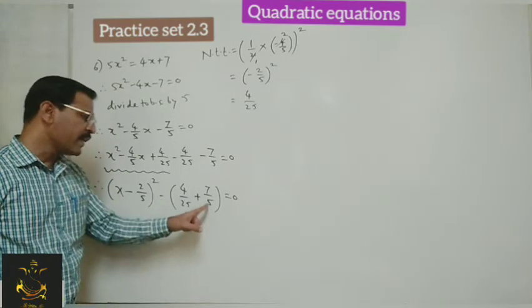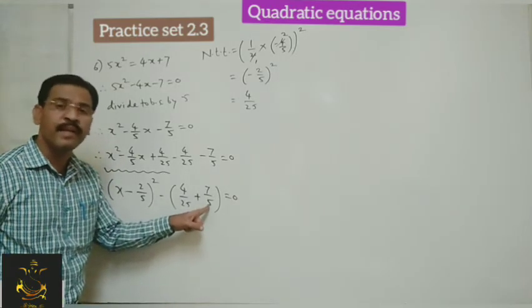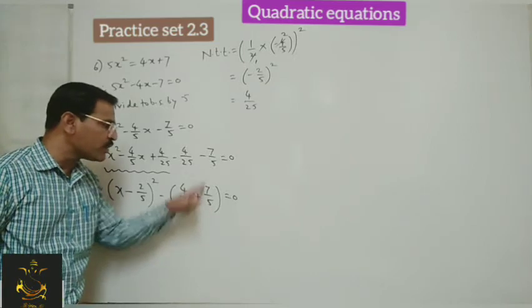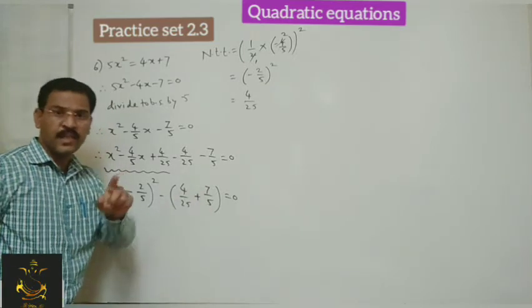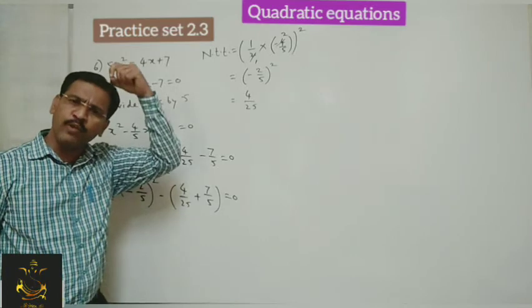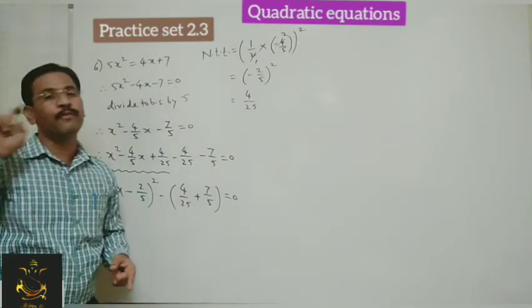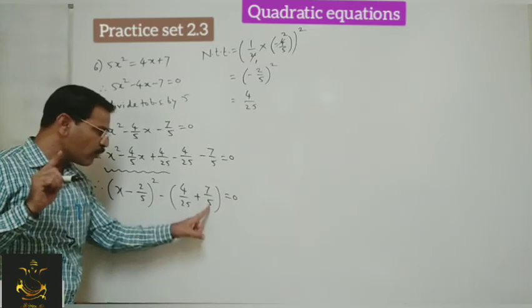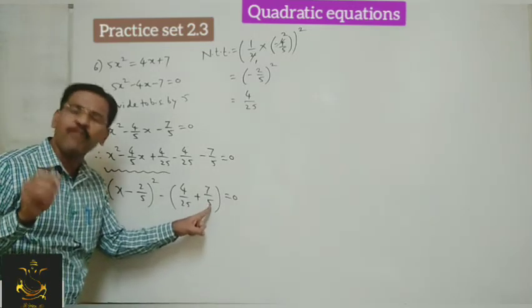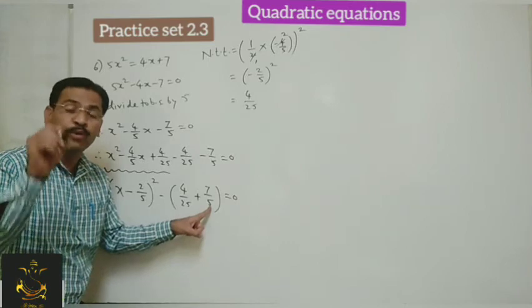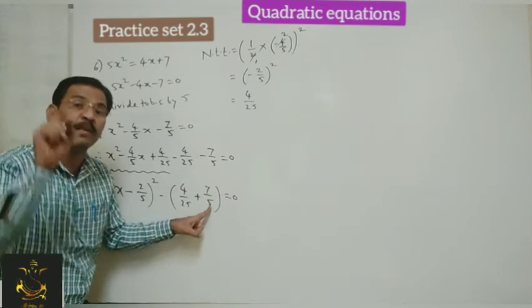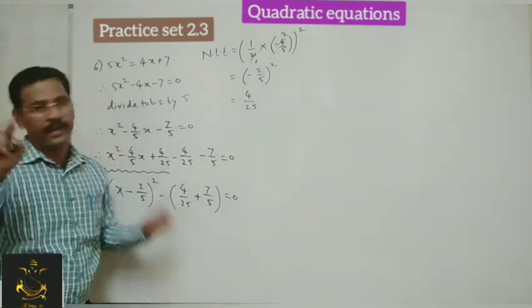Here 25, here also we can make 25. How? Tell me. By multiplying here by 5. Whatever you may be doing, it should be done to both numerator and denominator. Here we need 25, so only 5 is there. How can we get 25? By multiplying, but don't multiply only the denominator, multiply both numerator and denominator.